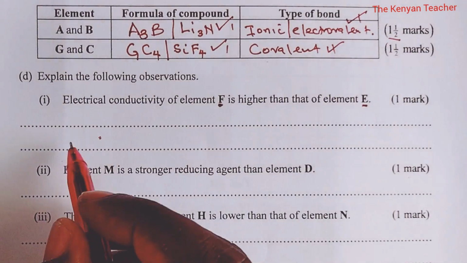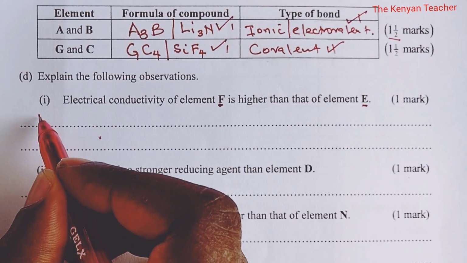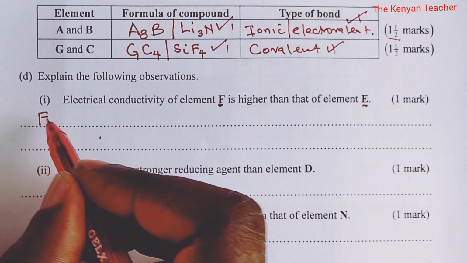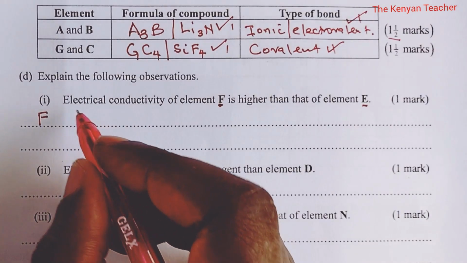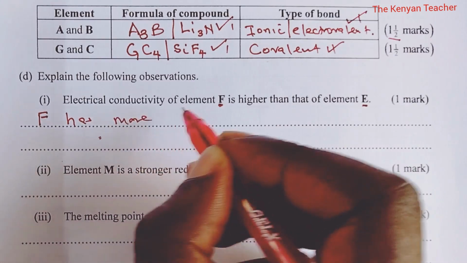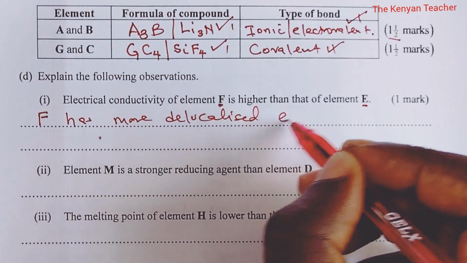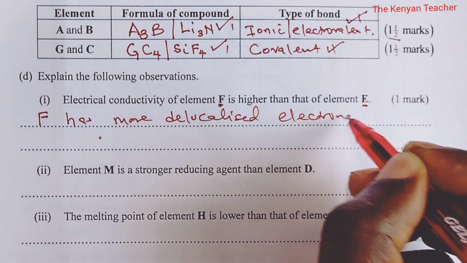So we've agreed that F surely has a higher electrical conductivity than E. And this is because F has more delocalized electrons.